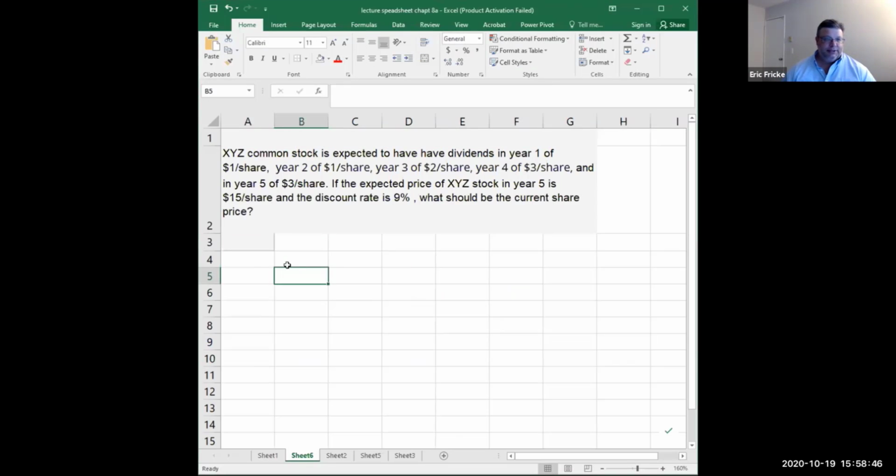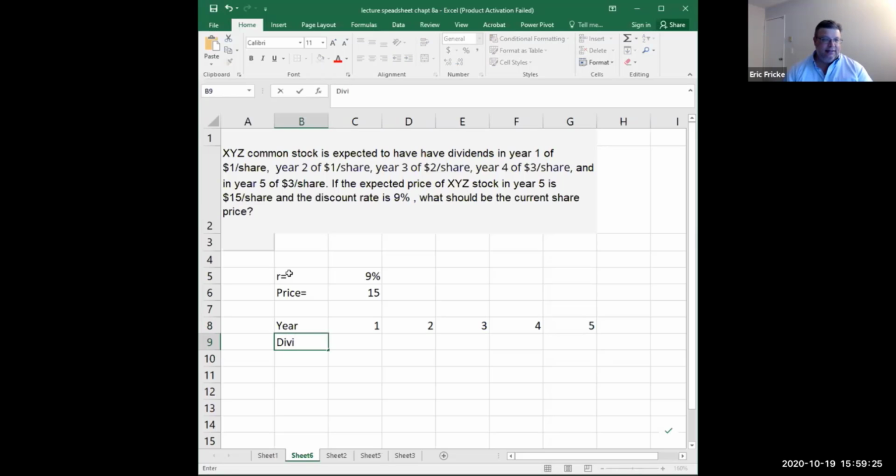So let's write down everything we know. We know that R, the discount rate, is equal to 9%. We know the stock price is equal to $15 per share. So let's go ahead and write the year. We got 1, 2, 3, 4, and 5.